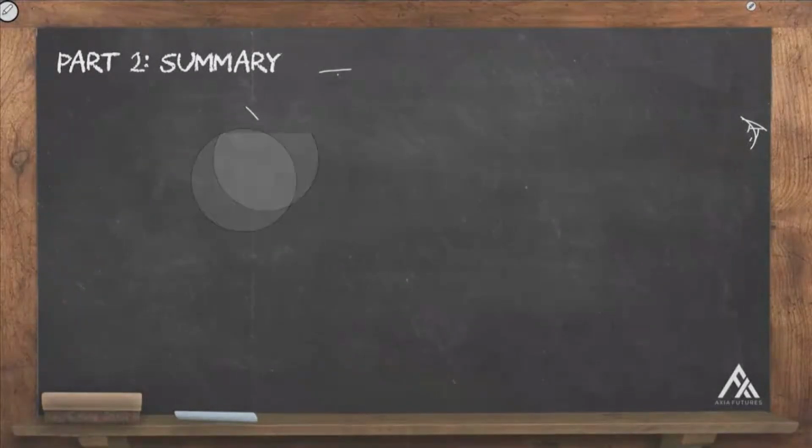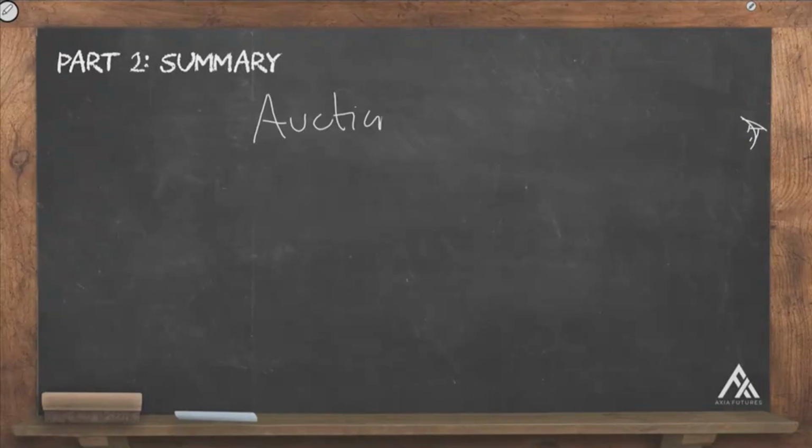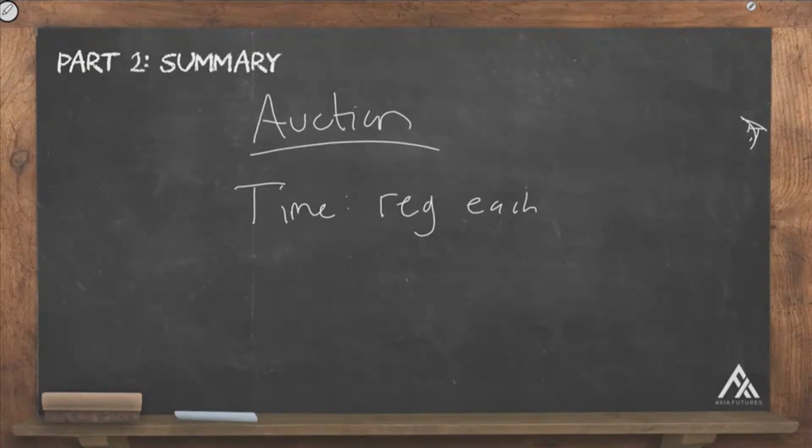Once we completed that, we moved on and spoke about the basic auction process. Very briefly, we said time is our first crucial principle, and it regulates each opportunity. Then we said our second is price, and we noted that price is an advertisement.